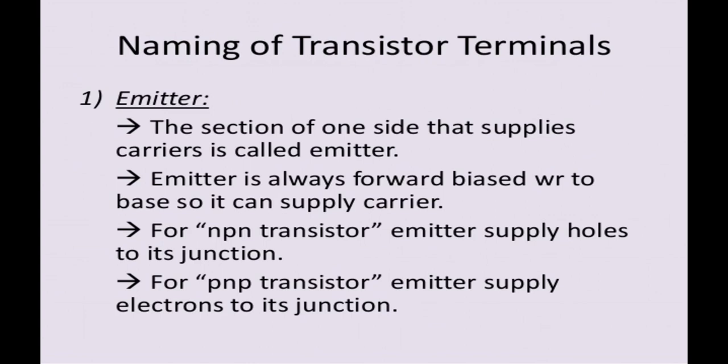See here, suppose the NPN transistor is there, then the emitter terminal provides carriers to the junction. And for a PNP transistor, it supplies holes.